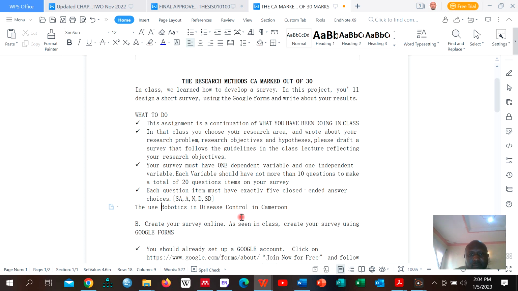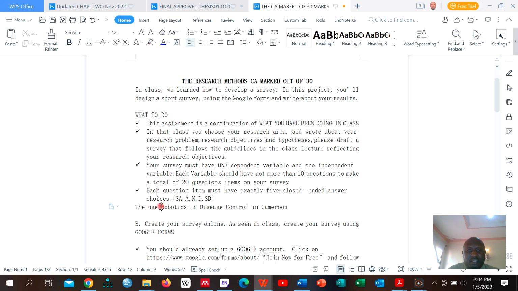Now, how do you identify dependent and independent variable? The independent is that variable that influences another variable.